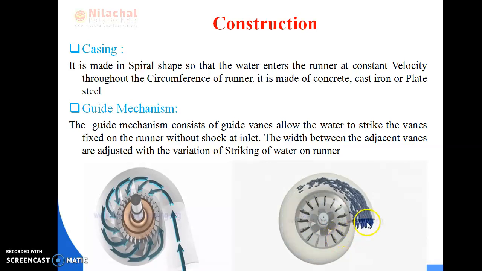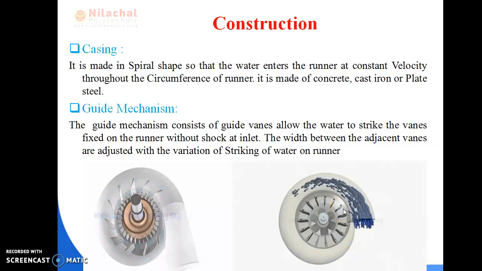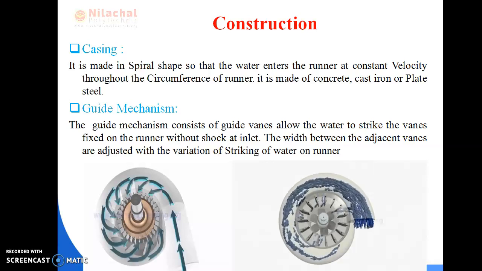While the water enters from the penstock to the casing, the water first enters the guide mechanism. So the main purpose of the guide blade is to provide the water in such a way that the water will strike the vanes fixed upon the runner without shock at the inlet.